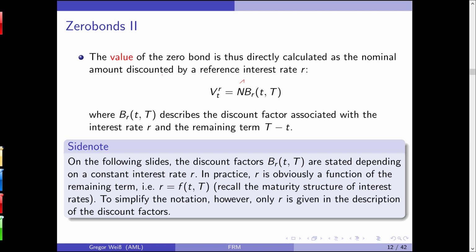However, this only makes it more complicated, and we would have to substitute the interest rate by a function in, for example, the remaining maturity, and this would not change anything else we're discussing here. It would only complicate things, so we'll just assume that the interest rate is fixed at level R.